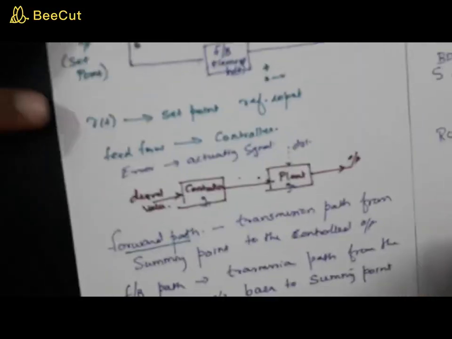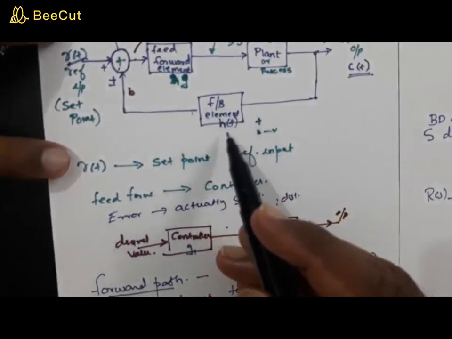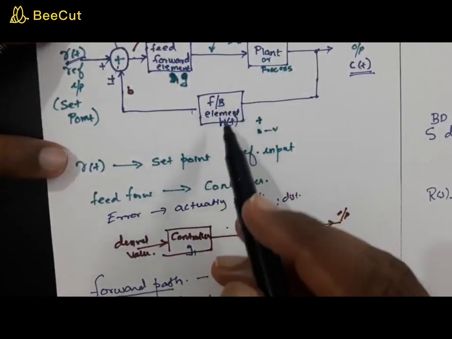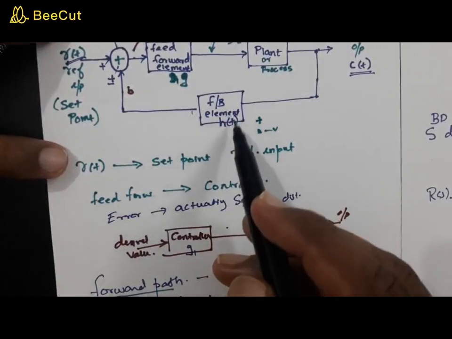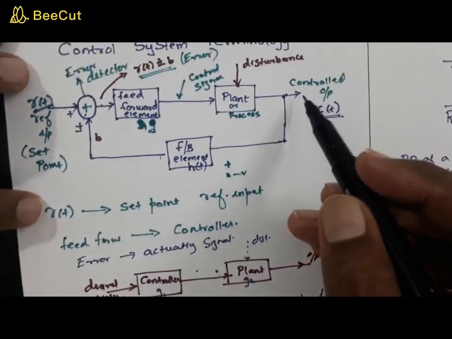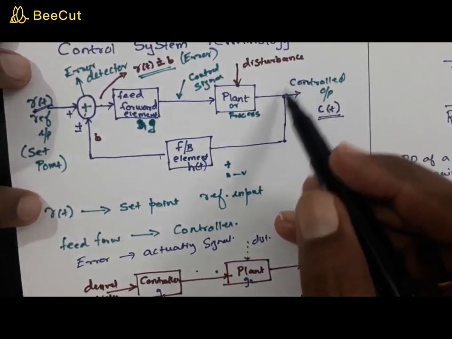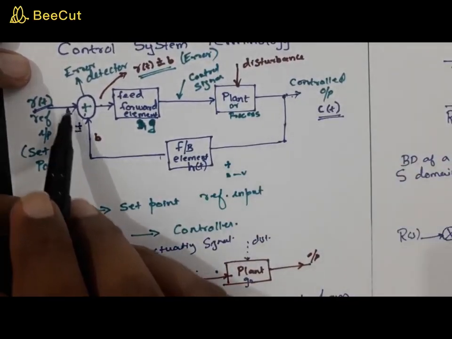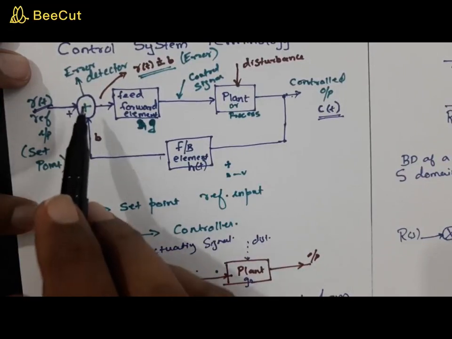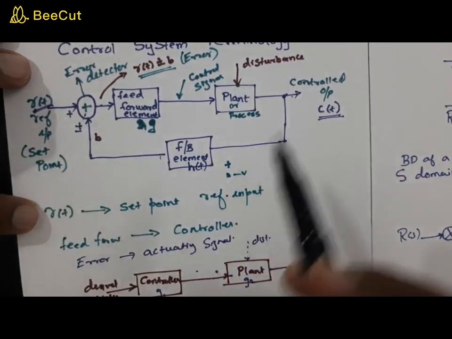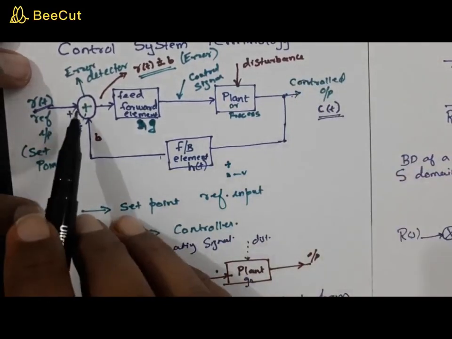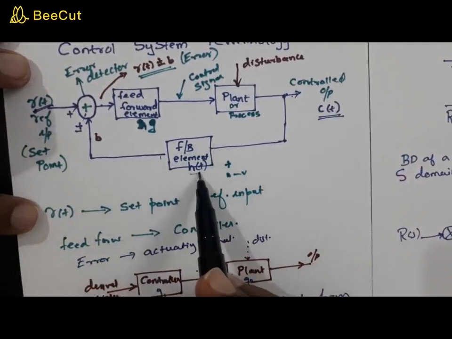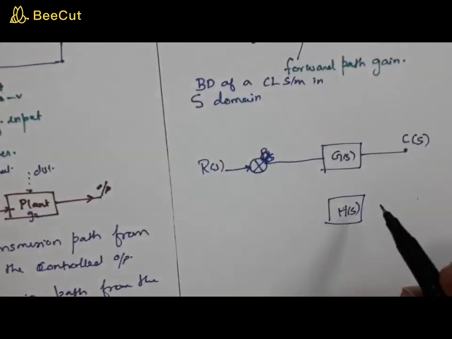This is similar to a gain, which we call the feedback gain. It is this gain which determines how much of the output has to be taken for the comparison at the error detector. How much of the output is to be taken to compare with the set point is determined by this function h of t. So you will have an S domain for that.